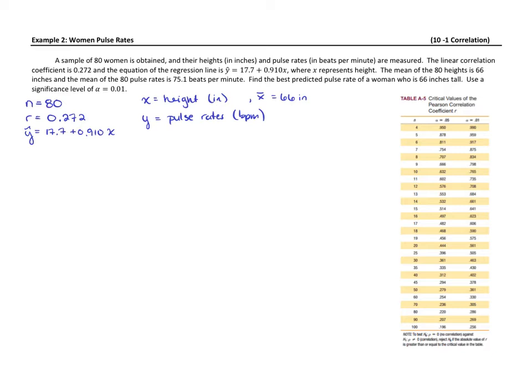All right, and then we're also told that the mean of the pulse rates for those 80 women, so that's Y bar, is 75.1 beats per minute. Okay, so we want to find the best predicted pulse rate of a woman who is 66 inches tall. So this question is asking us to find Y hat.